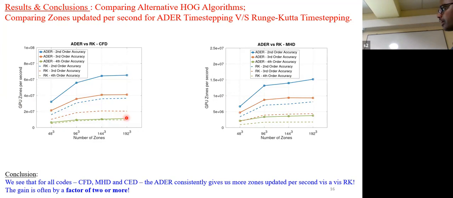However, if you compare the direct zones per second, the ADER scheme still performs better, though the speedup is about 80 times or 60 times in some cases. So that's the comparative study that we did with the RK methods and the ADER method. We did not do the comparison of ADER versus RK for the CED case because the ADER that we use is an implicit ADER, and the RK that we use is always explicit, so we do not want to compare. So that's why we did not have a comparison.